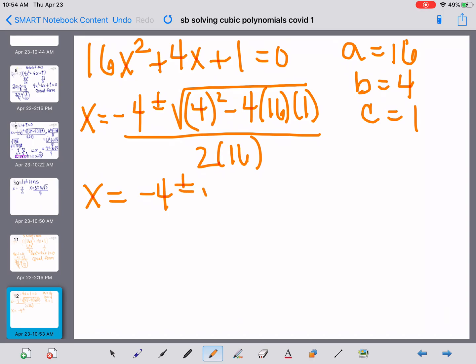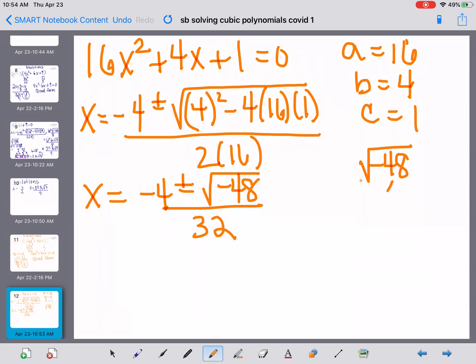Typing that into the calculator, we get the square root of negative 48 divided by 32.